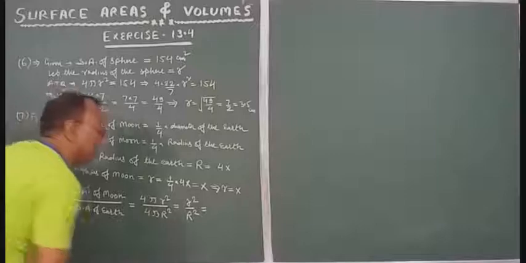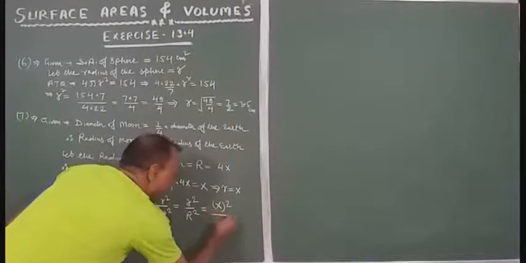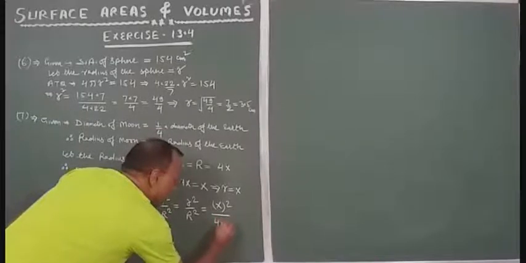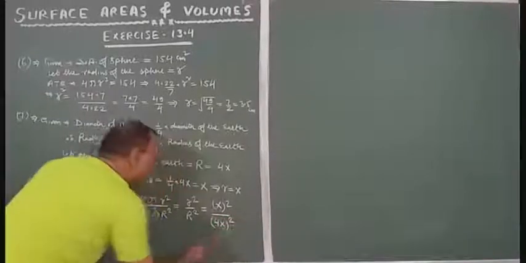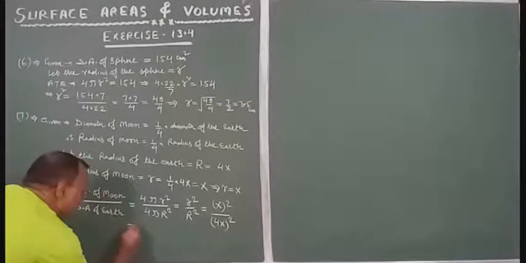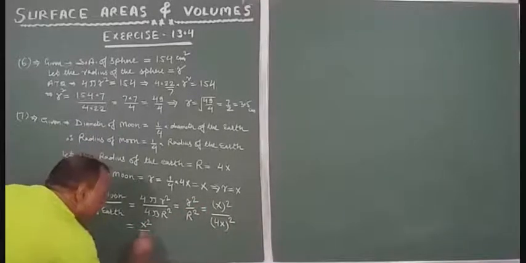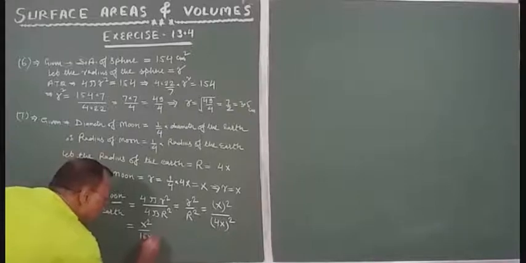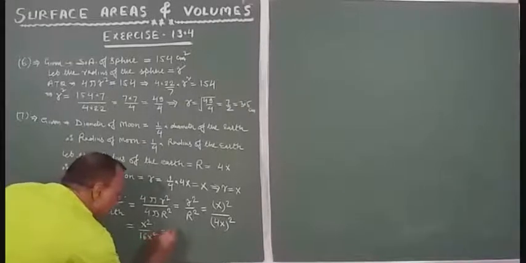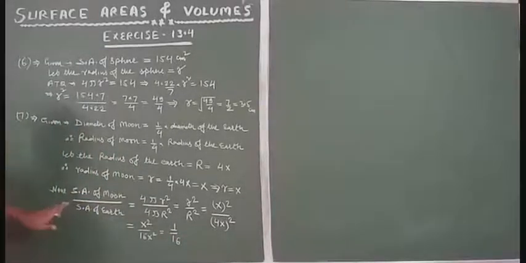This r square is x square, and this is 4x whole square. Now just calculate it. x square is x square, 4x whole square is 16 x square, that is 1/16. Surface area of moon divided by surface area of earth is 1/16.